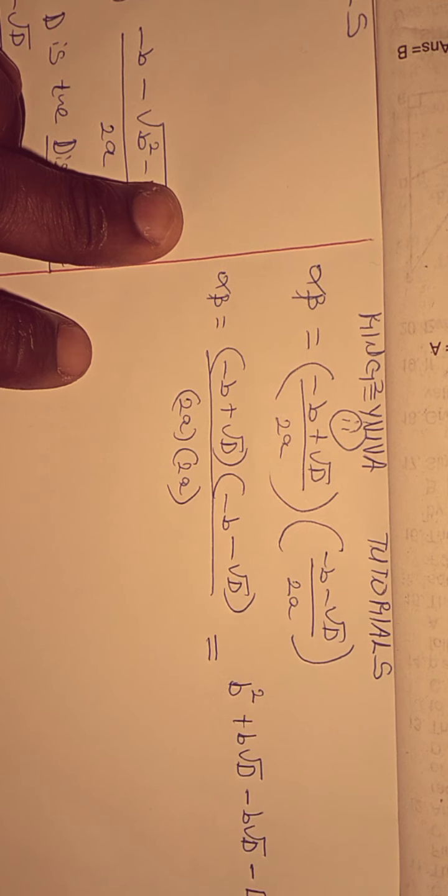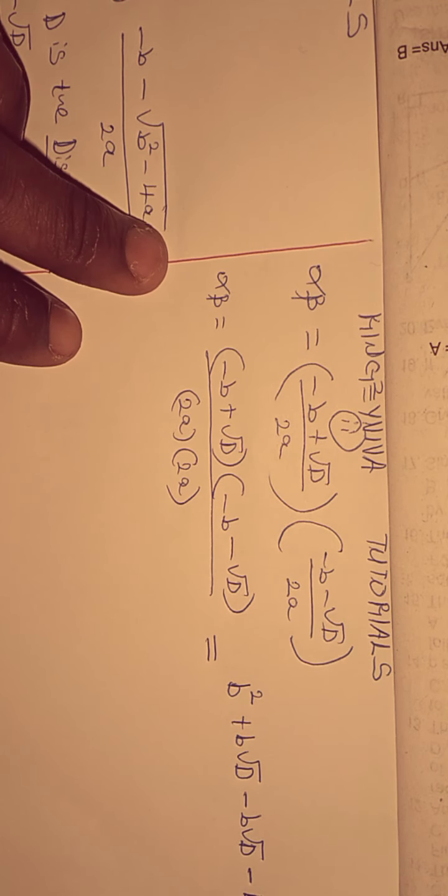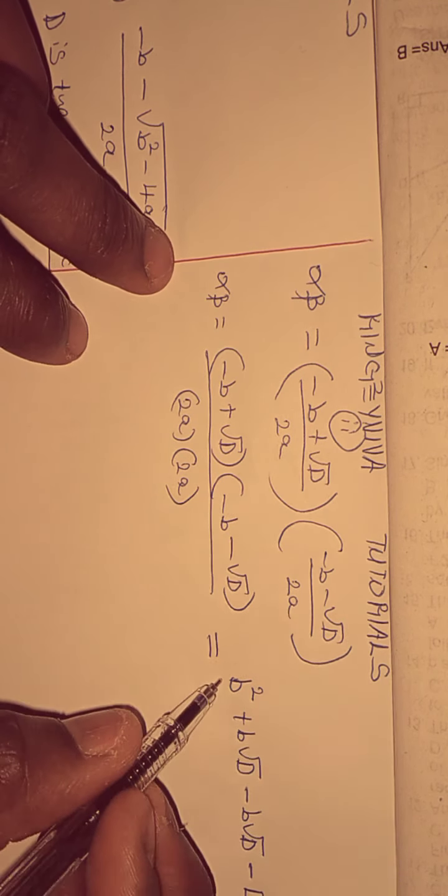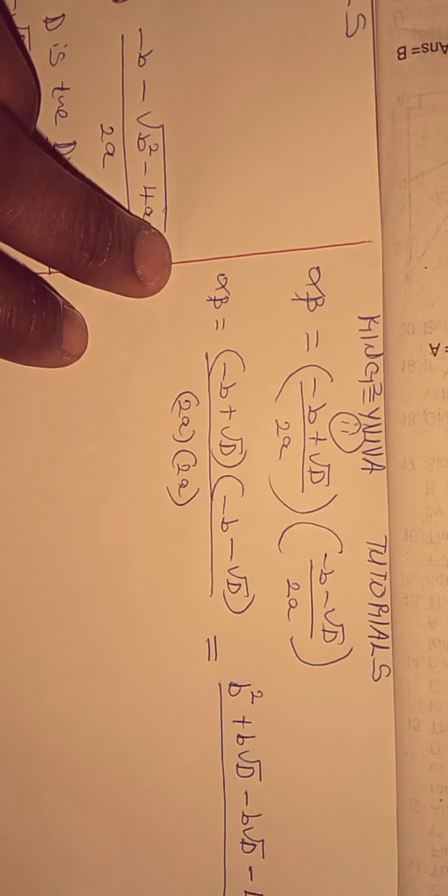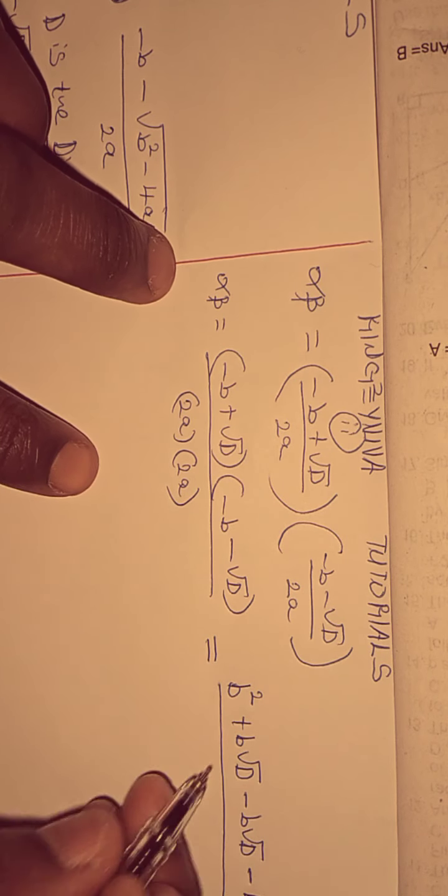Yeah, that's minus d. So all over 2a times 2a is 4a square.